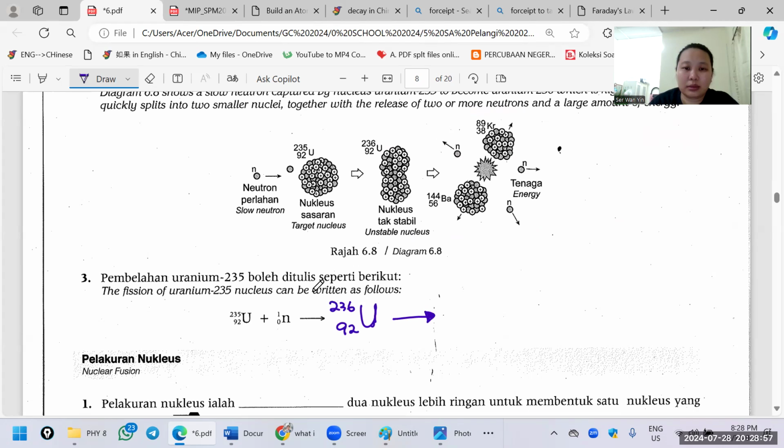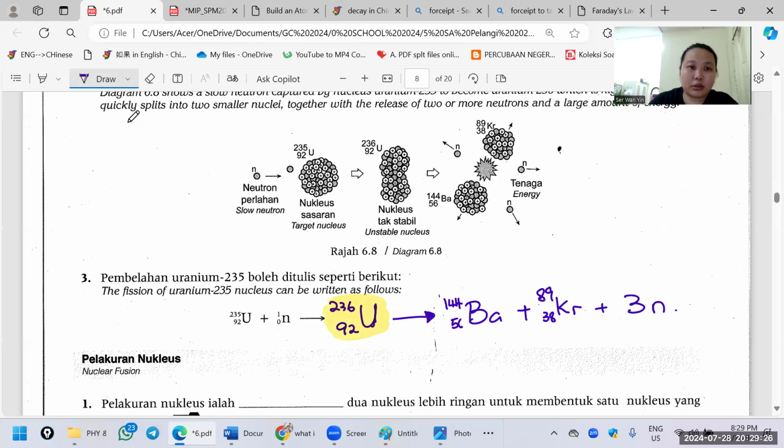So normally we don't write this; we can skip this and write that it splits into barium plus krypton plus 3 neutrons.